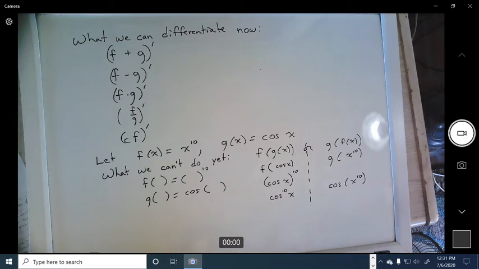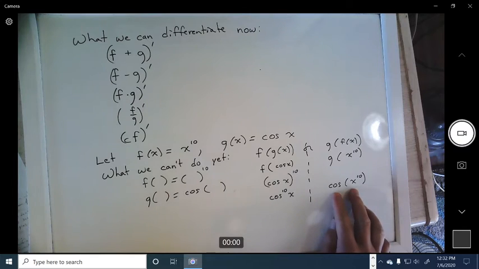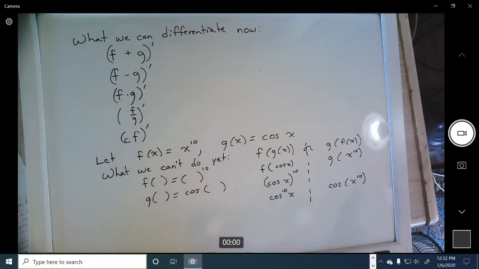But when you place one function within another function, and then you ask, what is the derivative? So we would be asking, what's the derivative of this, or what's the derivative of this? That's the topic for today. How you take the derivative of what we call nested functions, when one function is inside the other.